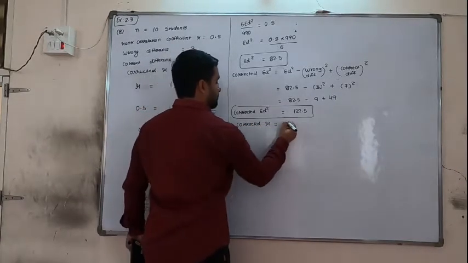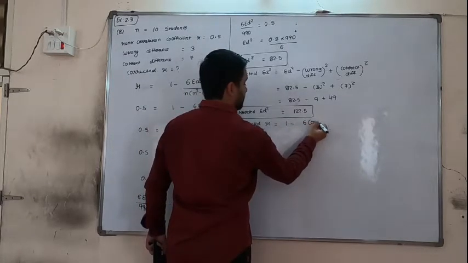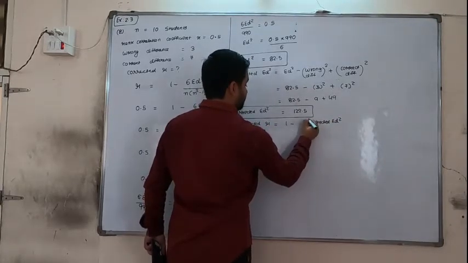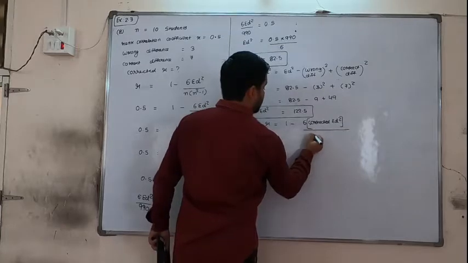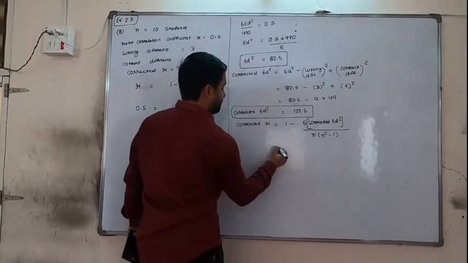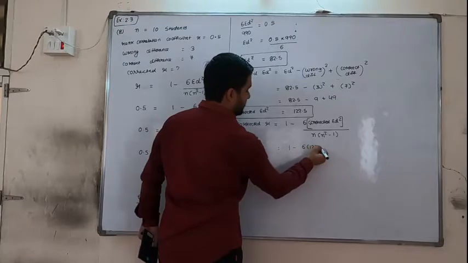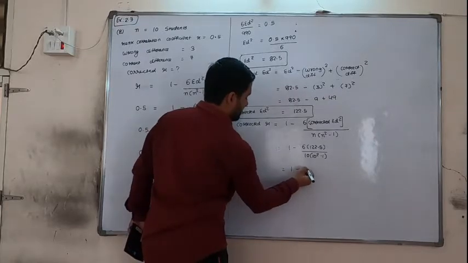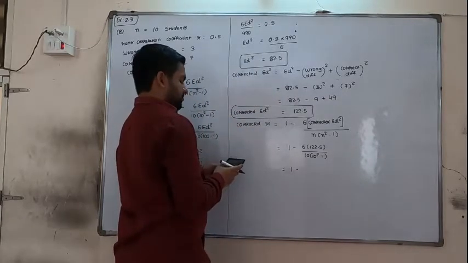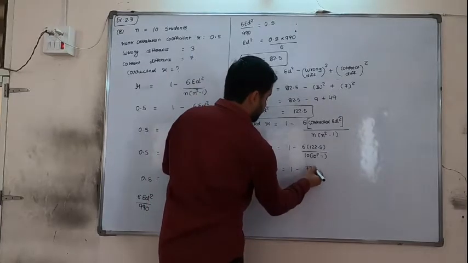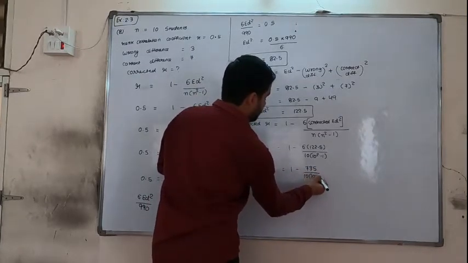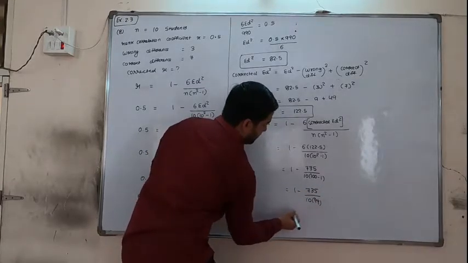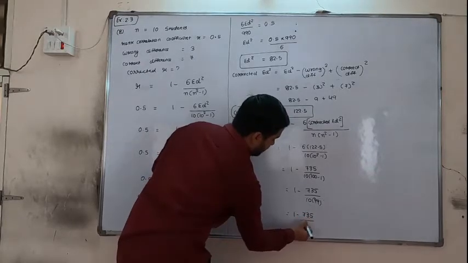Corrected R is equal to 1 minus 6 into corrected sigma d square divided by n in bracket n square minus 1. So 1 minus 6 into 122.5 divided by 10 in bracket 10 square minus 1. 1 minus 122.5 into 6, that is 735, divided by 10 into 100 minus 1. 1 minus 735 divided by 10 into 99, that is 1 minus 735 divided by 990.